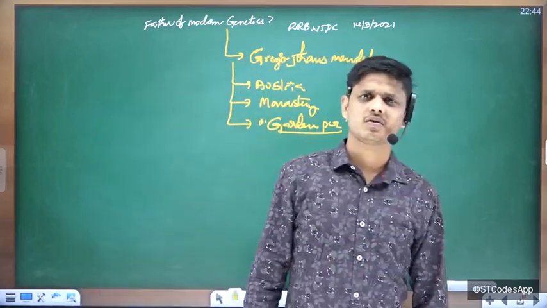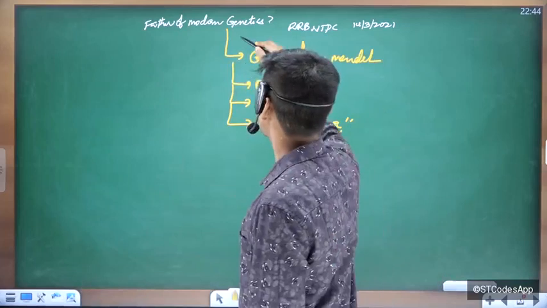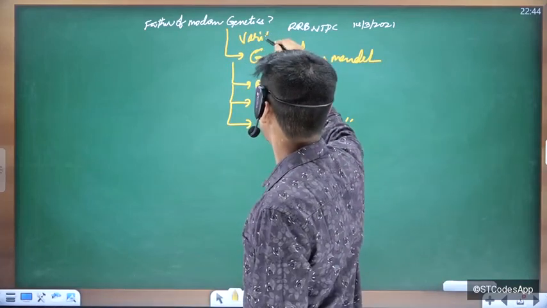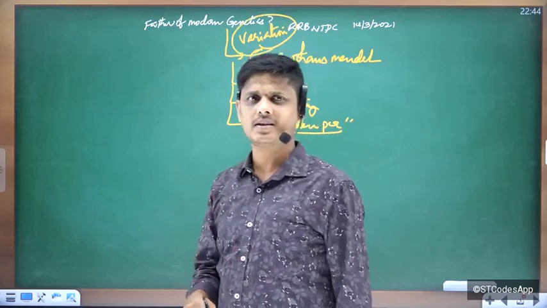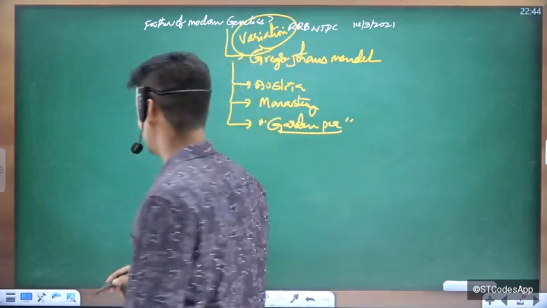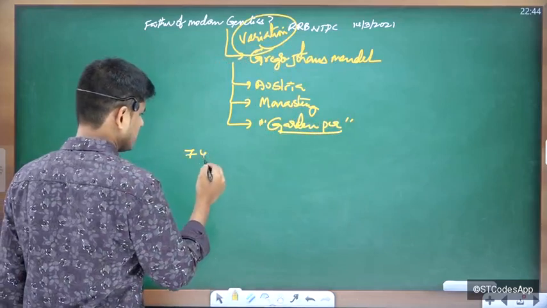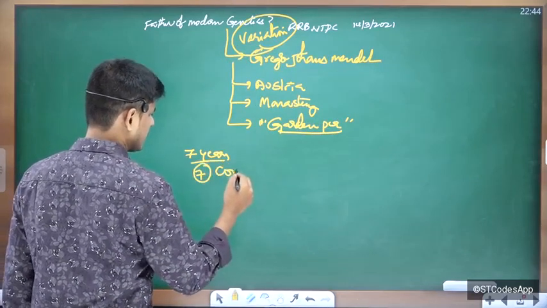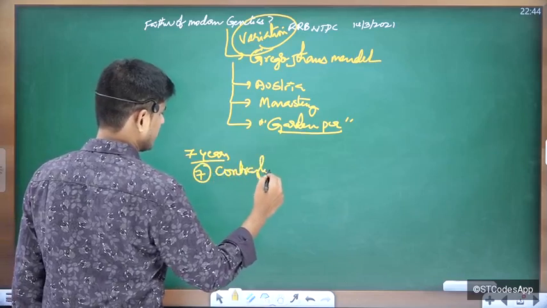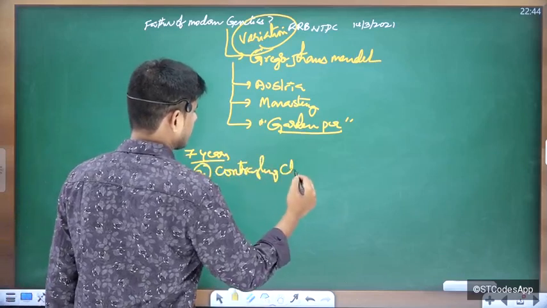Usually he discovered the variations. He worked on the garden pea for up to 7 years, and he discovered 7 contrasting characters.